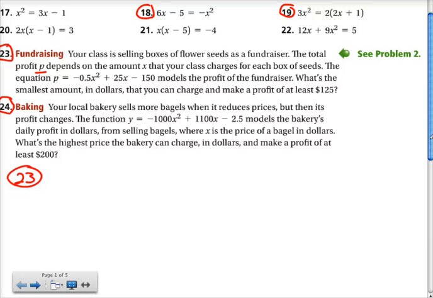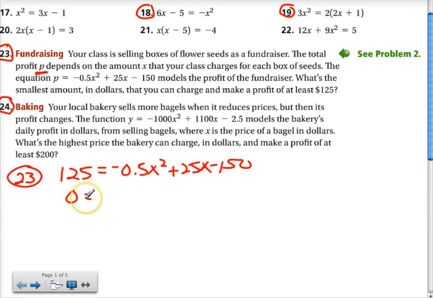What's the smallest amount in dollars that you can charge and make a profit of at least $125? So that 125 has to go in for P because that was our profit. And in order for me to use the quadratic formula, I need to have a 0 on one side. So I'm going to have to subtract that 125.